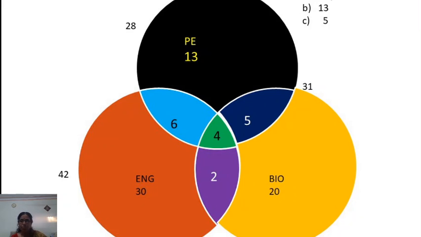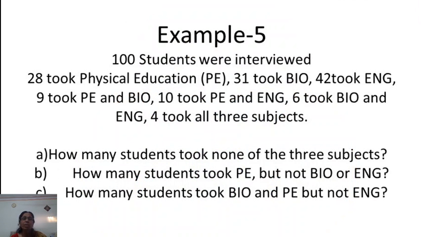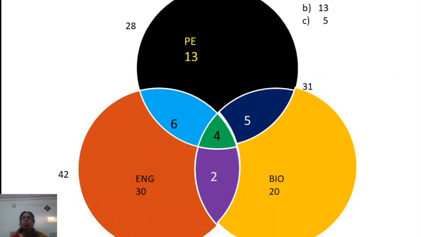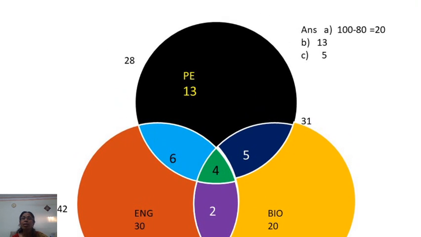So what is question number 1? How many students took none of the three subjects? Total students are 100. 100 minus all of this.